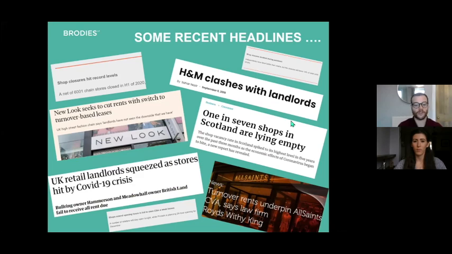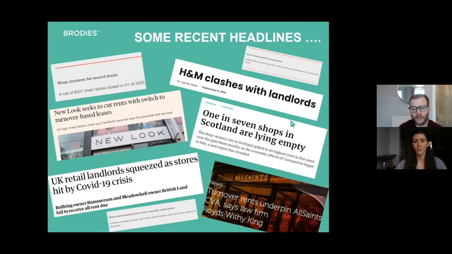Now, I do think that the picture is a bit more rosy than the headlines there would perhaps indicate, but I don't think it's any secret to say that retail in particular is struggling at the moment, particularly in the wake of COVID-19, but that has been compounded by the recent decline of the high street and with people visiting physical stores much less often.